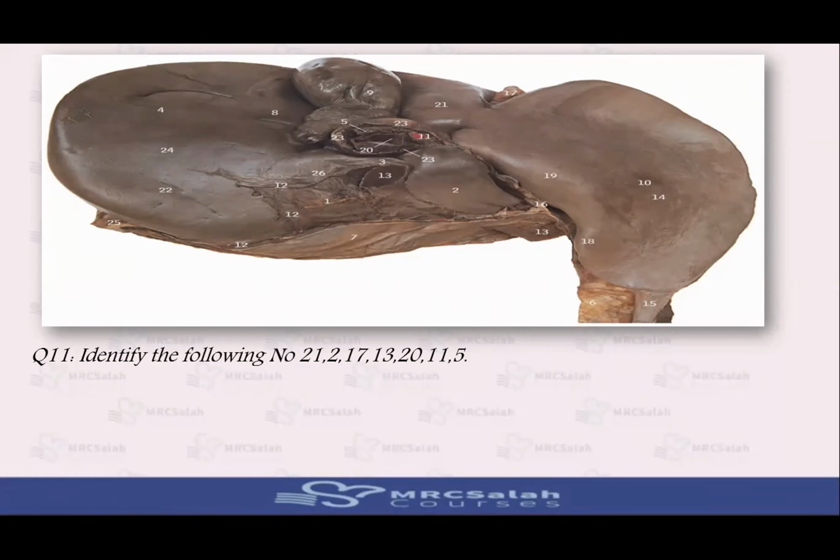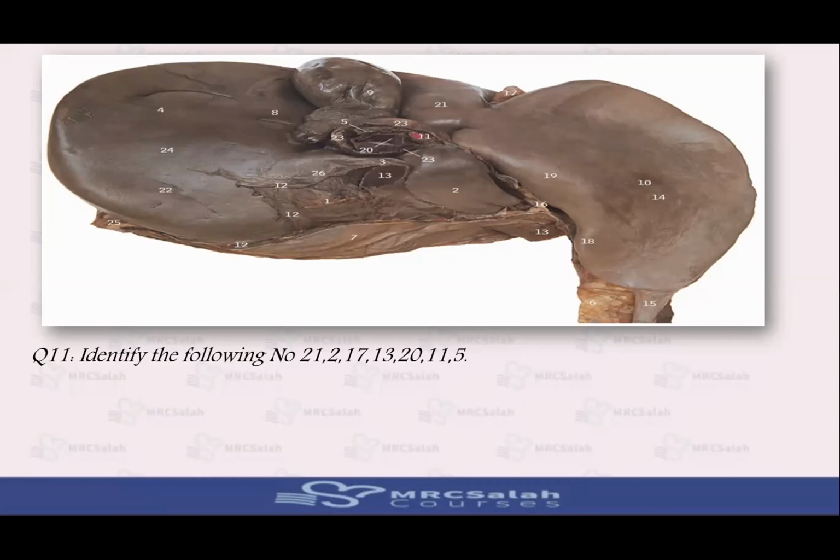Okay, number 17. I am pointing at it here. Falciform ligament. Ligamentum teres? Yes. Ligamentum teres.